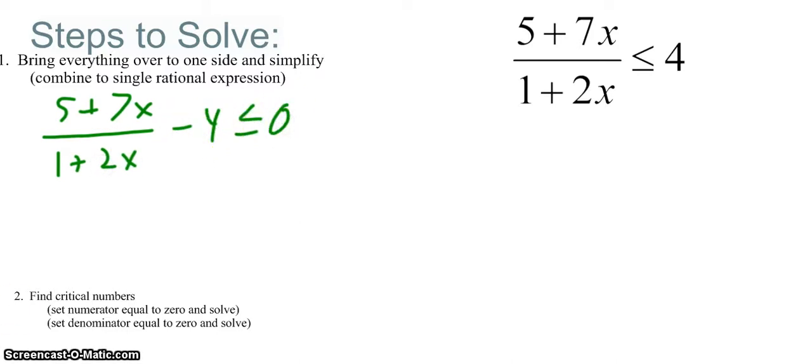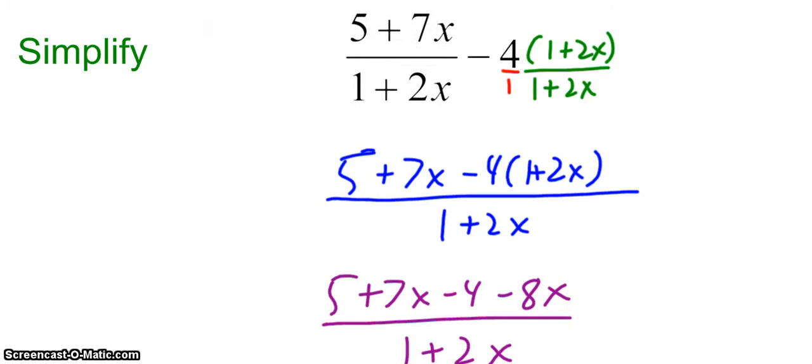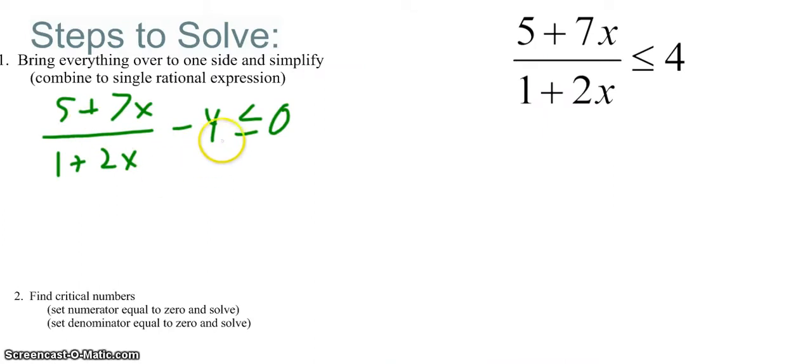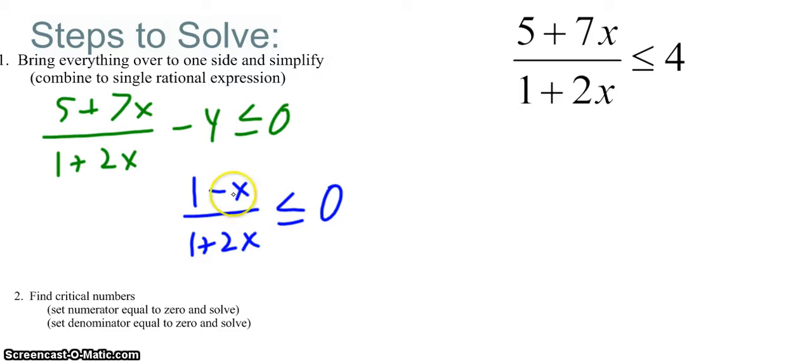I know from this problem that (1 minus x) over (1 plus 2x) is what this is going to simplify to. I'm not going to do that work again. If you need to see that, look right above. So I know this becomes (1 minus x) over (1 plus 2x) is less than or equal to 0. So this was step 1. Bring everything over to one side and simplify, which means combine to a single rational expression.